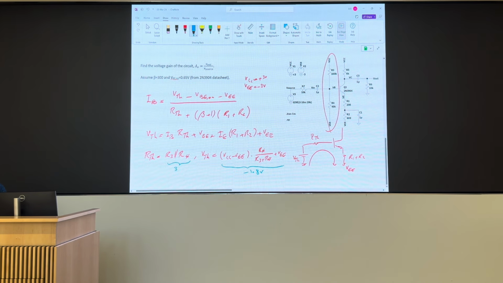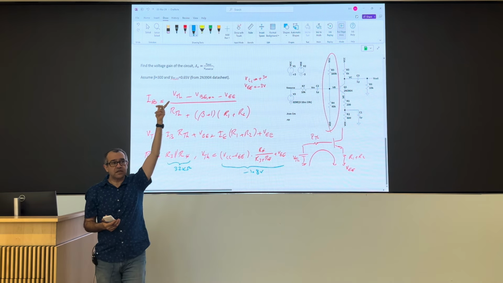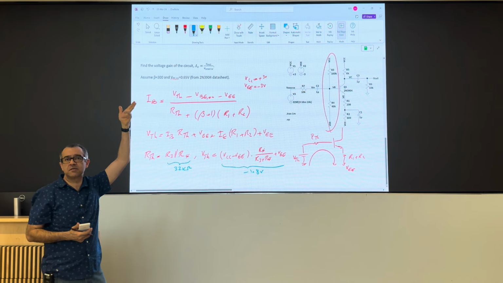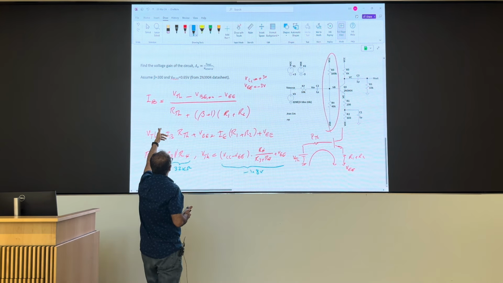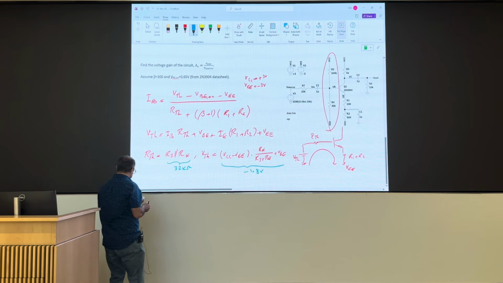This is 32 kilo ohms, and I have everything else. For this transistor, I'm using an actual transistor, 2N3904. I looked at the data sheet, beta is 300, VBE is 0.65. This is the same device that you use in the lab. So by plugging those values into that equation, I should be able to find IB.